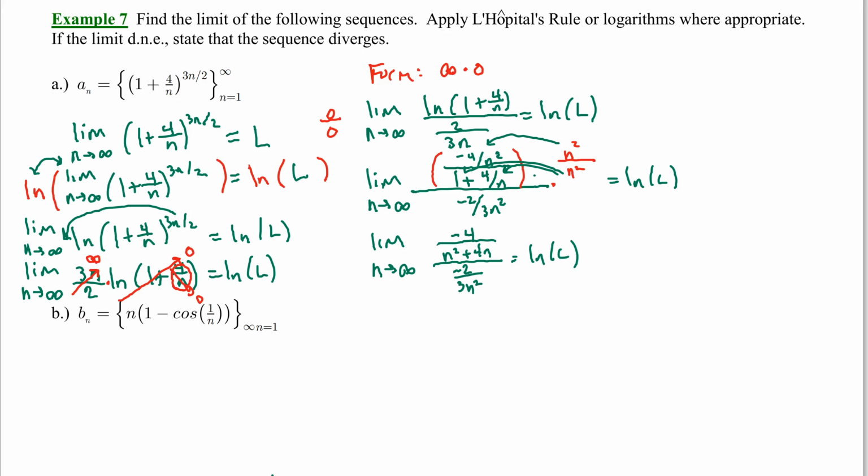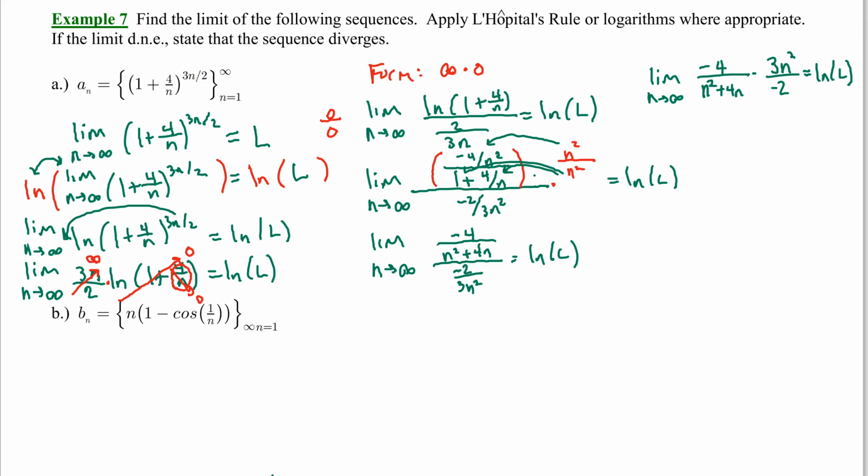To fix this, let's view this main fraction bar as a division operation. So what we have here is the limit as n approaches infinity of the fraction in the numerator, negative 4 over n squared plus 4n, divided by the fraction in the denominator. Well, when we divide by fractions, we convert the operation from division to multiplication, and then we invert that second fraction.